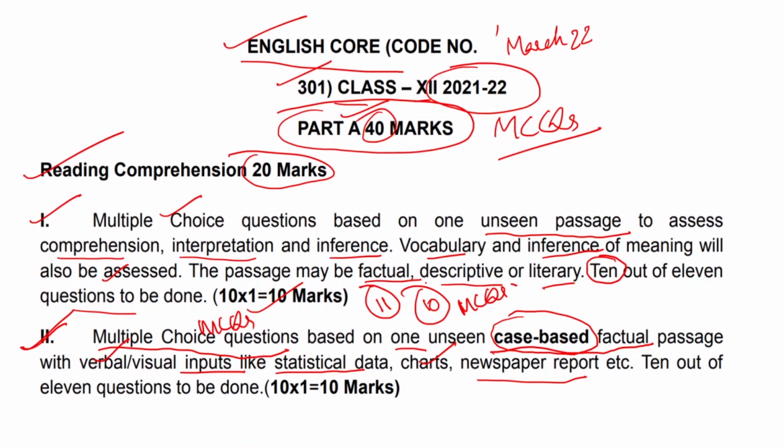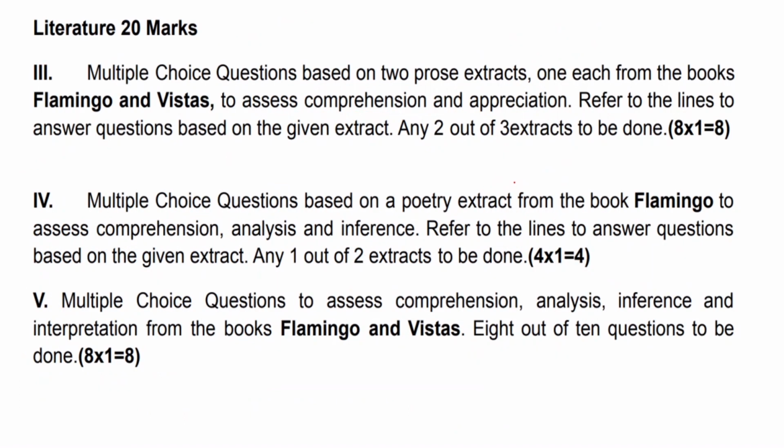You have to analyze the data or the chart, then come to a conclusion for the MCQ. 10 out of 11 questions to be done, 10 marks. Here also you will be asked 11 questions and you have to answer 10. So the first passage and the second passage carry 10 marks each. So that is the 20 marks for reading comprehension.